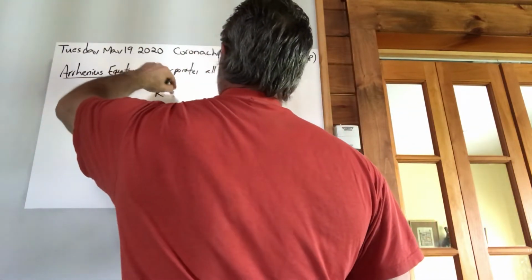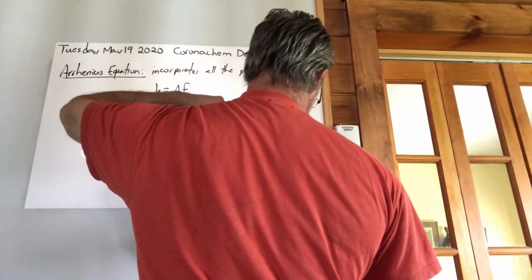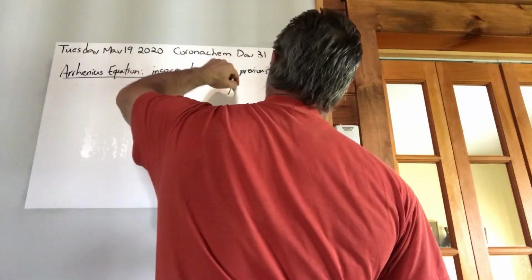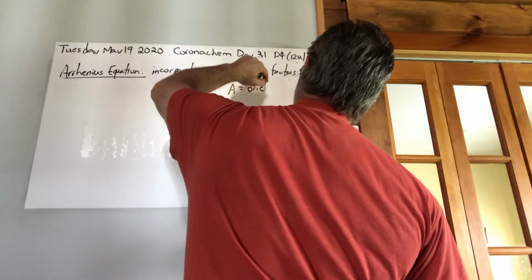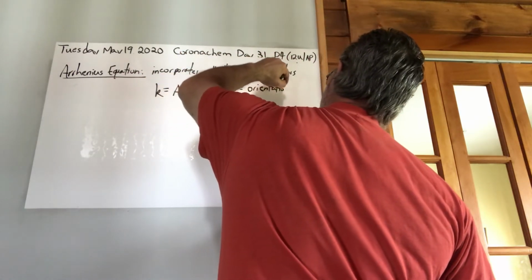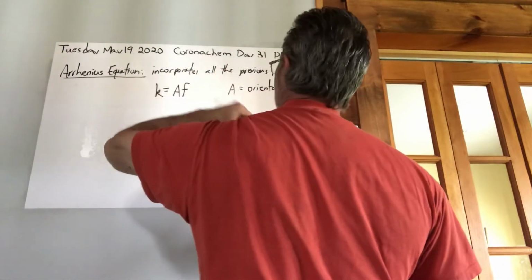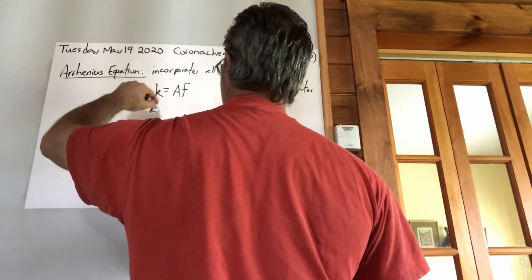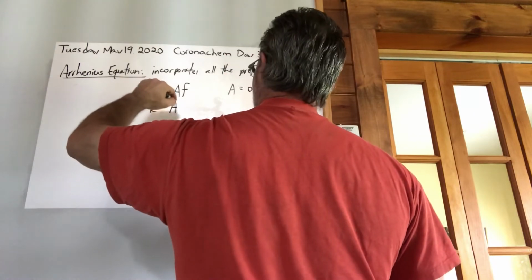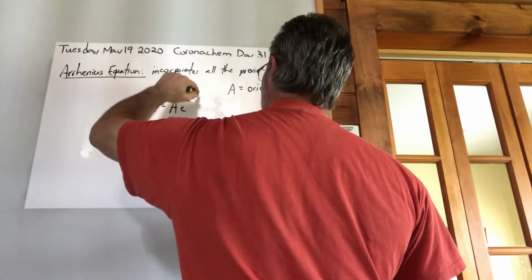k is equal to A times F, where A is the orientation factor. And also k can be put down to A times e to the negative Ea over RT.